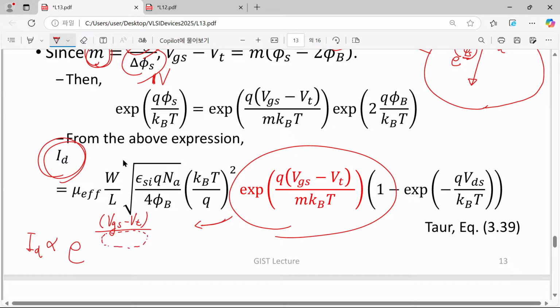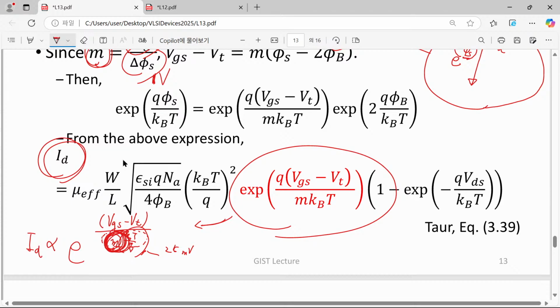This number is given as m times kT over q. kT over q is, for example, 25 millivolt in our usual 300 Kelvin case, but the point is, depending on our device structure, the m value gives a different coefficient for this lower part.